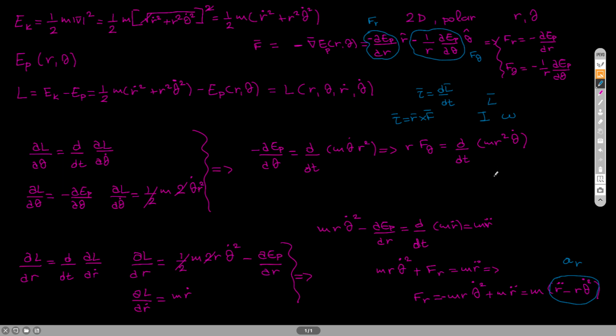So it is interesting to see, though, that using polar coordinates in 2 dimensions and applying this theory of mechanics, you get results that you would need to use both Newton's second law and angular momentum to obtain from introductory physics.